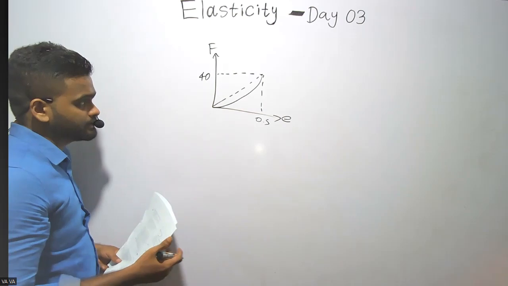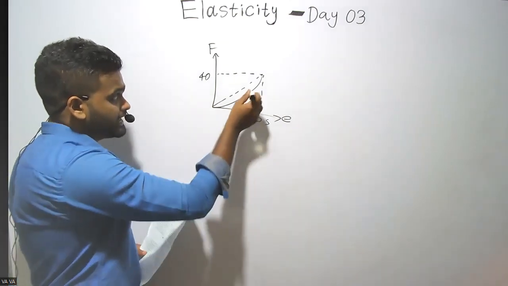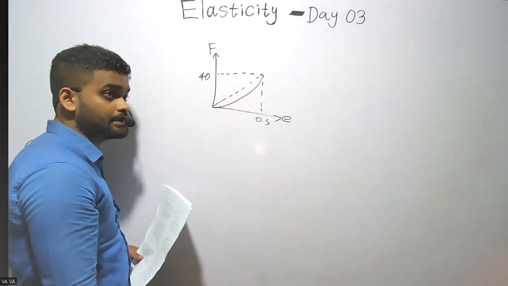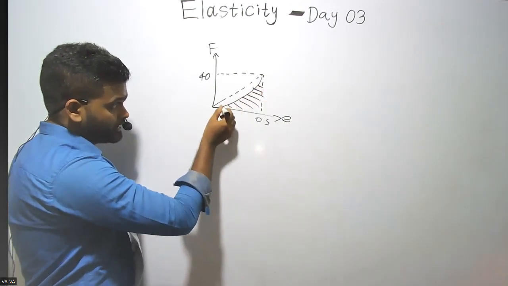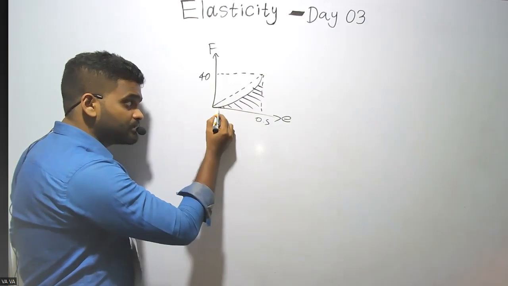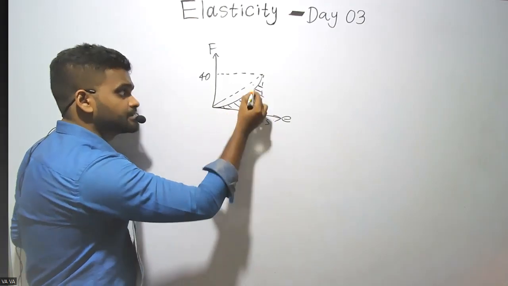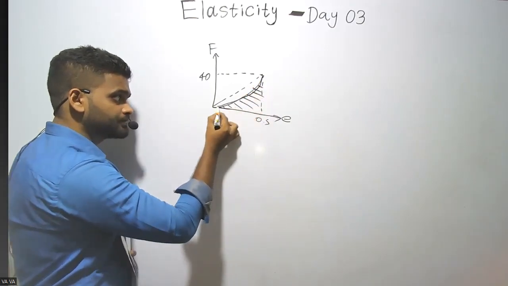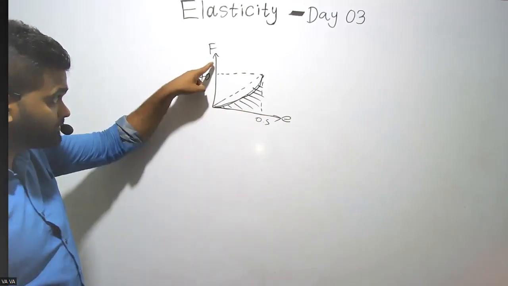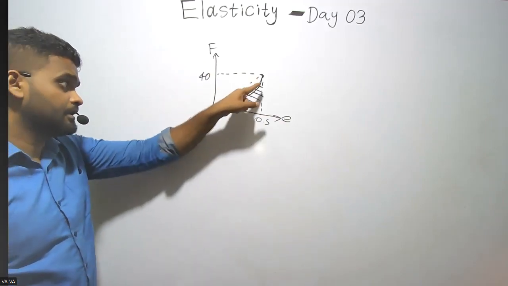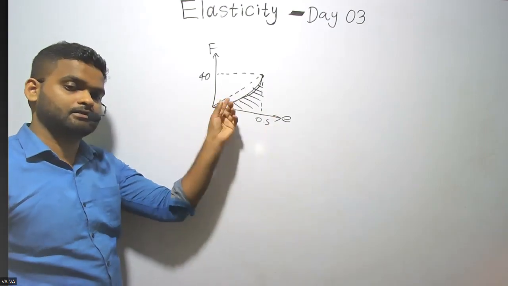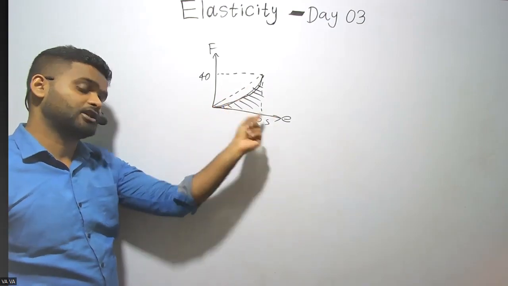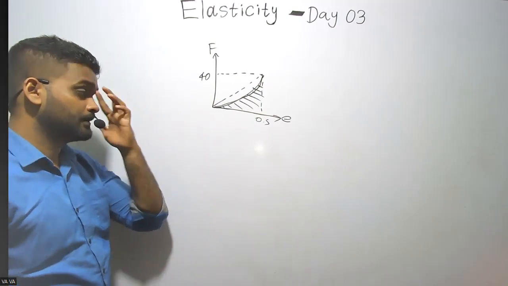So what they ask is, in this case, what is the energy stored? So how do you find the energy? Energy is what? Always remember, it is the area between the graph and the extension axis. Not this one and the graph, right? It is always the graph and the extension axis. Remember that.